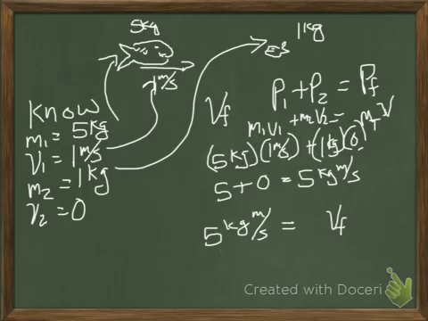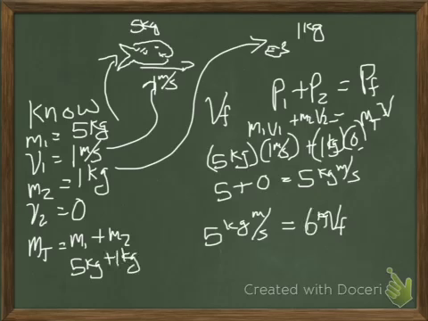So what would our total mass be? Well, our mass total is going to be m1 plus m2. In this particular case, 5 kilograms plus 1 kilogram lunch. So a total of 6 kilograms.